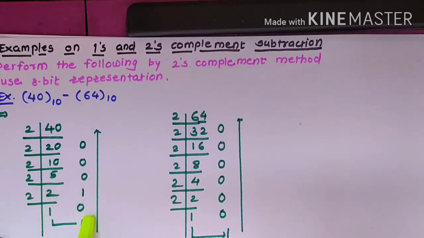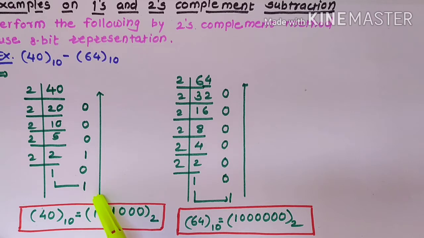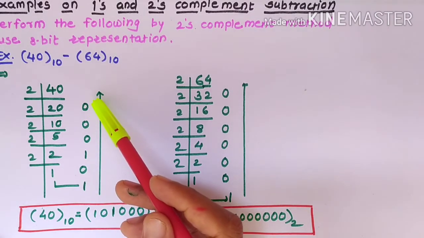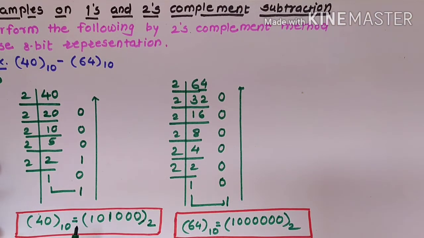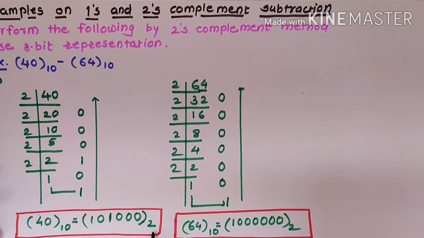Then 2 1s are 2, remainder 0. This 1 is the MSB as it is. Then take the order of remainders from bottom to top. Then we get the equivalent binary 1 0 1 0 0 0. So this is the equivalent binary of 40 decimal.